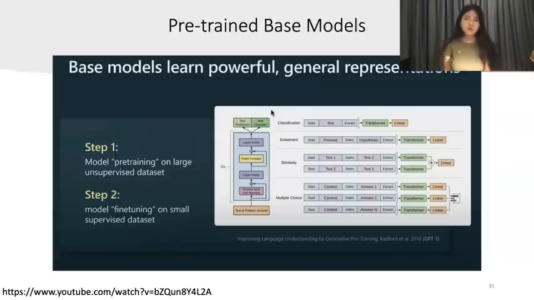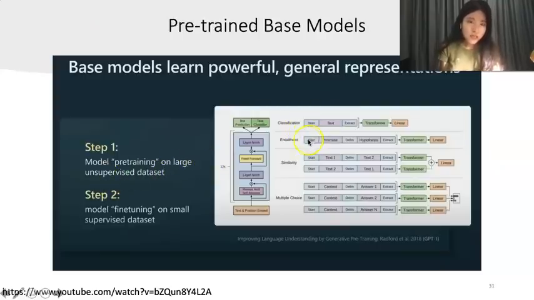And here are some powerful pre-trained base models. So base models are basically pre-trained models without any further supervised fine-tuning or even RLHF steps. Base models can already learn powerful general representations, and they are just pre-trained on a large unsupervised dataset.